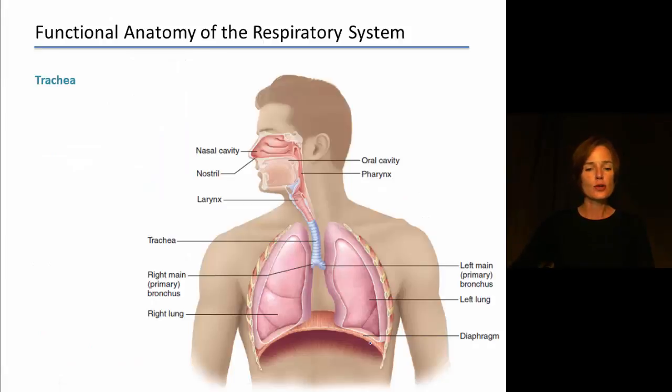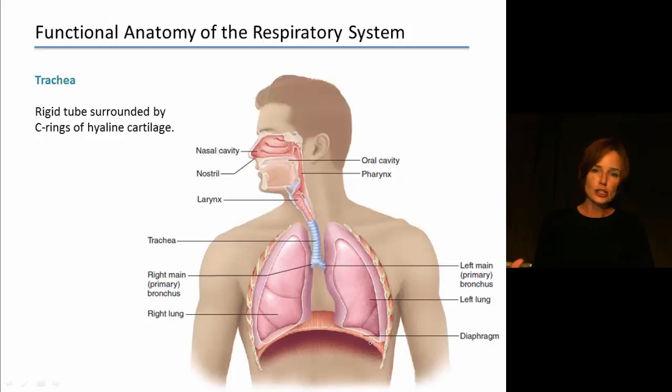The trachea is the next part of the respiratory system. I hope you're noticing that all of this is basically a track to get the air down into the lungs. So we go into the nasal cavity, the pharynx, then the larynx, and now we have the trachea. The trachea is a very rigid tube, surrounded by C-rings of hyaline cartilage.